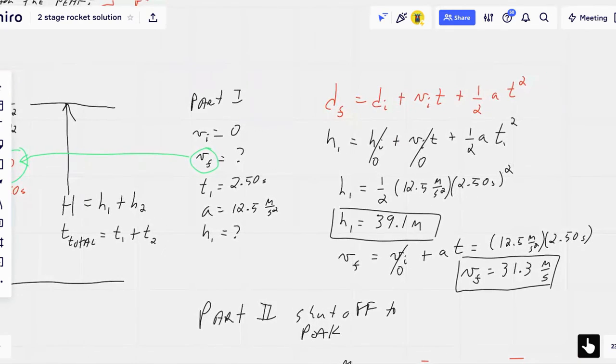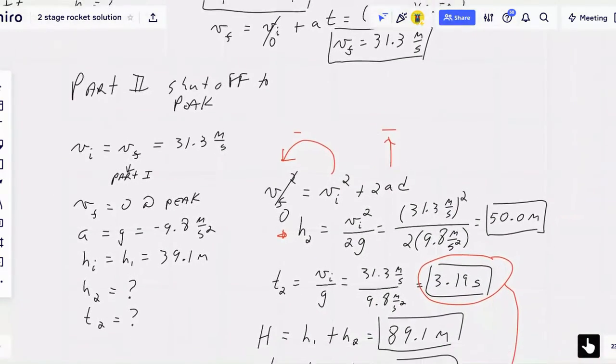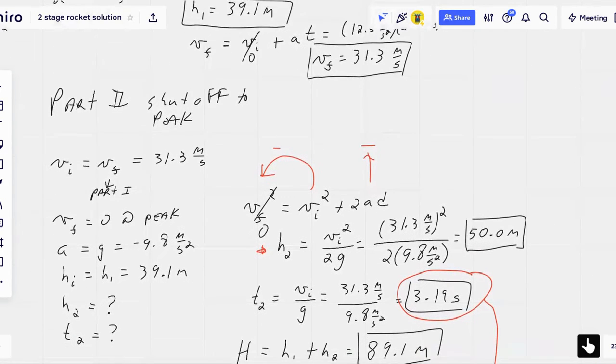So now part 2, the V initial is whatever it ended up with as the V final from part 1. Let's solve part 2, what happens after the engine shuts off. In part 2, the initial velocity is 31.3 meters per second. That's what I solved for as the final velocity from part 1. The final velocity at the peak is 0. The acceleration acting on the rocket is gravity, which is negative 9.8 meters per second squared.